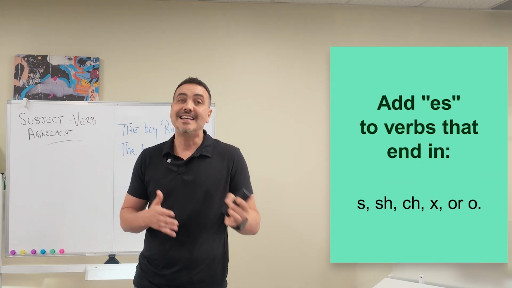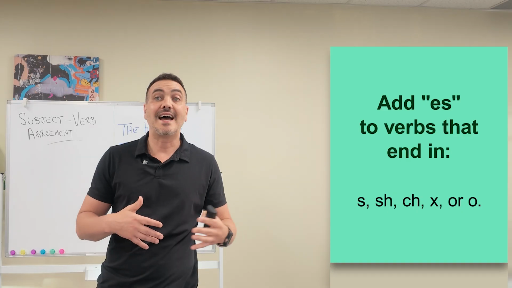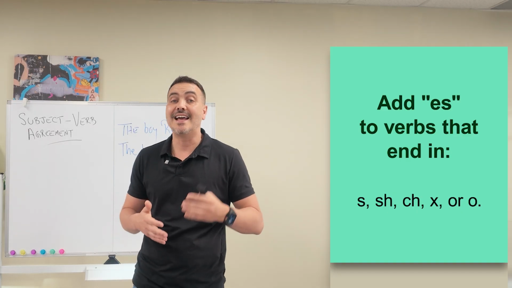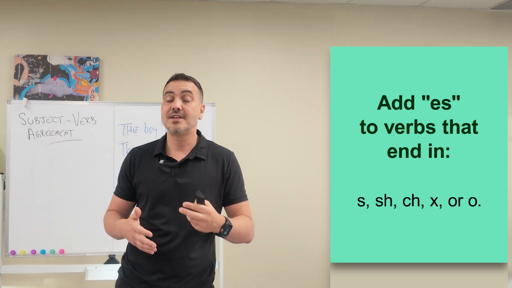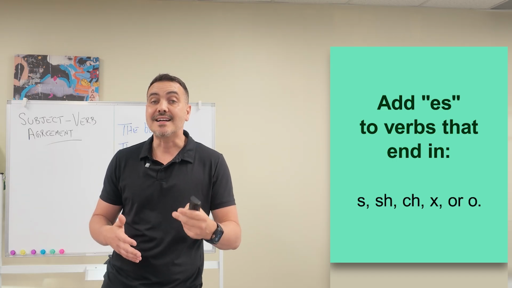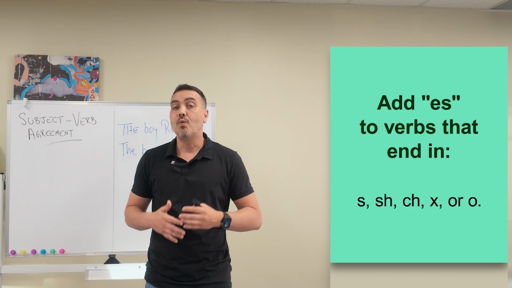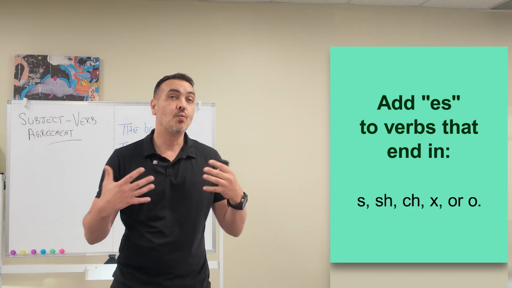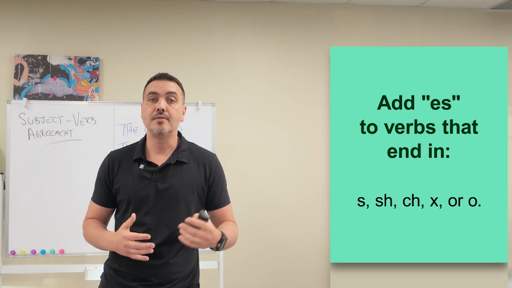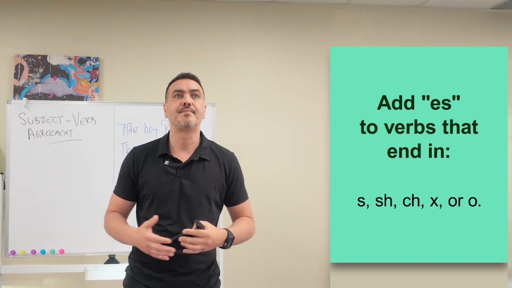Some verbs add es, and we usually add es to verbs that end in s, sh, ch, x, or o. For example, watch becomes watches. Go becomes goes.